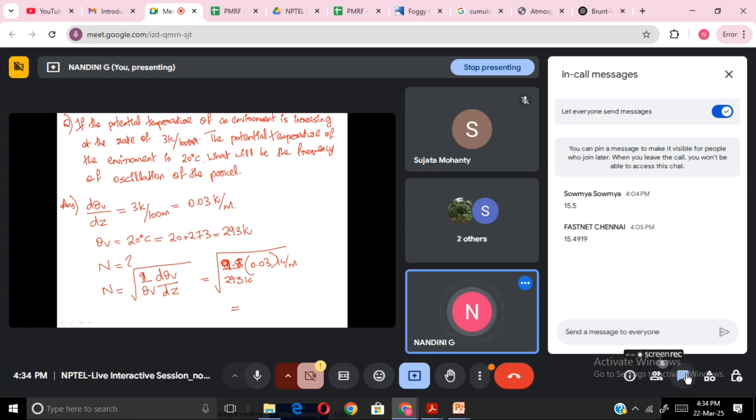Any answers? How much will it be? 9.8 into 0.03 divided by 293, and the whole square root.